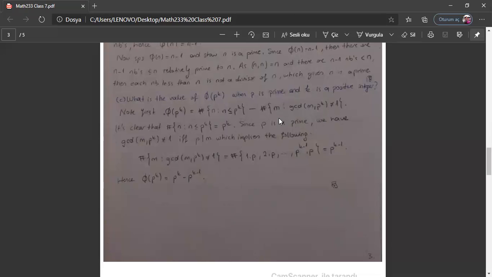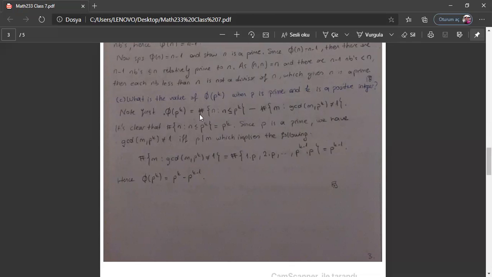So if we subtract them, we will obtain the numbers that are less than p to the k and relatively prime to p to the k. So actually, exactly the definition of this function phi. So this is clear, right?